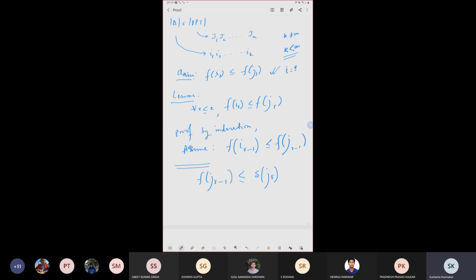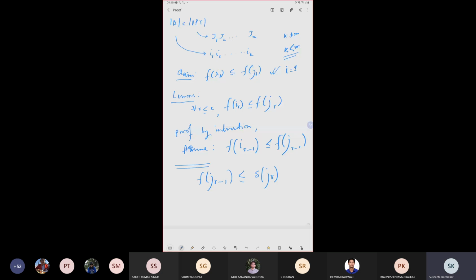One is JR minus 1, another is JR. Now, definitely, if they are not compatible, then they cannot be in the optimal, because if they are not compatible, they cannot be served because they are overlapping, right? There is a single resource, so they cannot be served. So it must happen that R minus 1 and R must be compatible. So in that case, I must write that R minus 1 must finish before the start of the next one, that is JR, right?